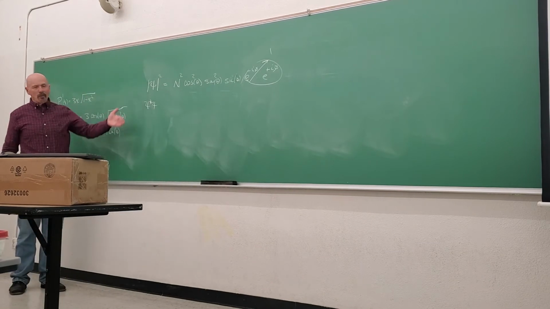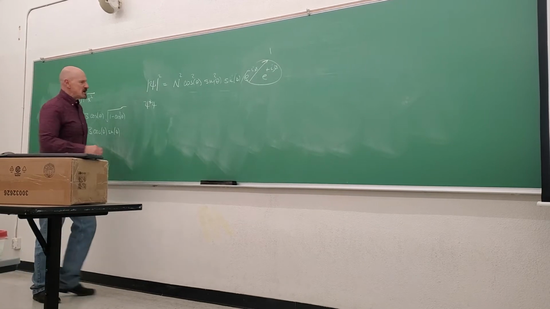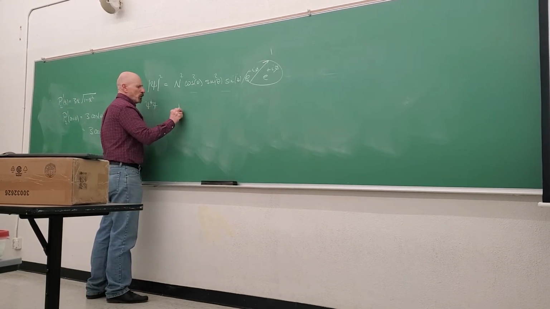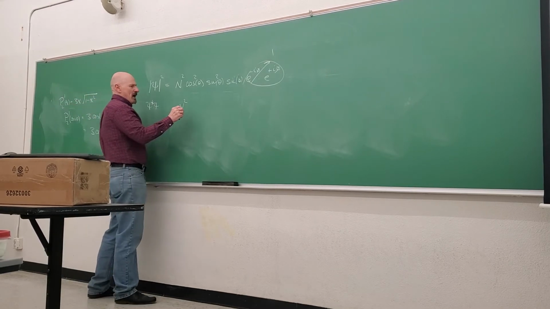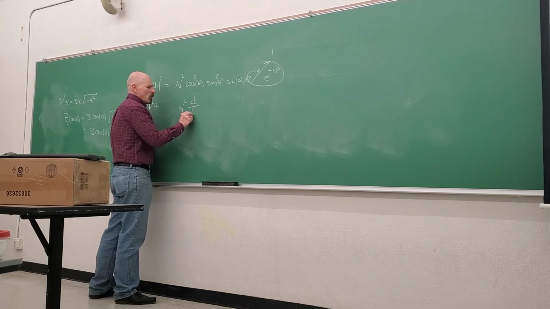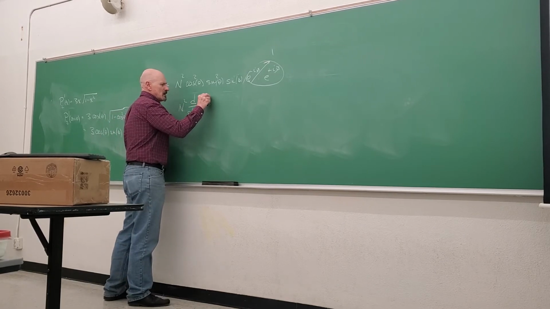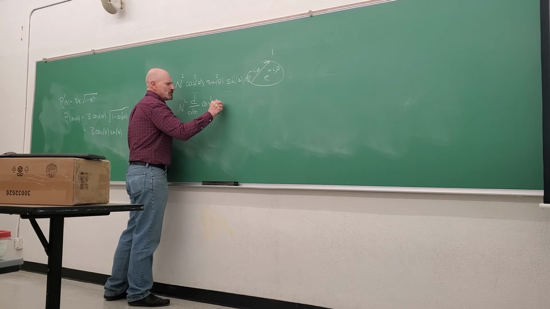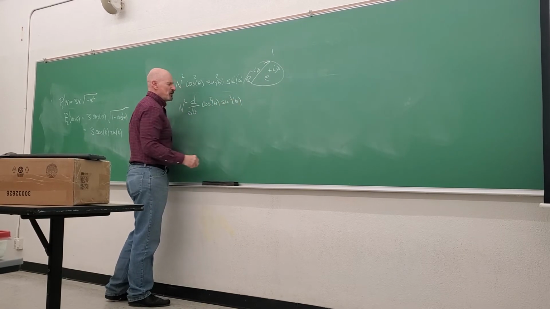Now that's my probability. What I'm going to do is take the derivative, set it equal to 0 to find the most likely position. So I'm going to pull the N squared out, I don't need it. I'm going to have the derivative with respect to theta of cosine squared theta times sine cubed of theta.